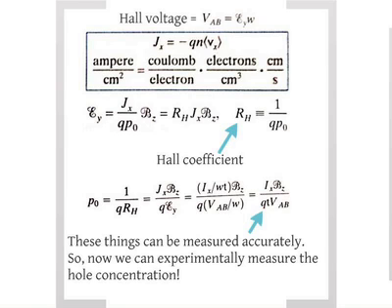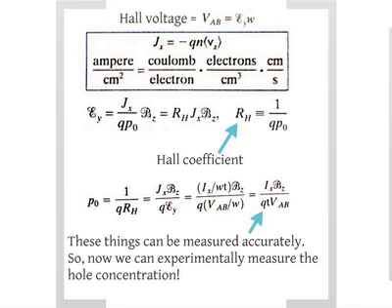You can measure the voltage and divide it by the width, you get the field. You can measure that very accurately. All these things can be measured or known very accurately. These are external parameters. So by measuring this, you can calculate that.